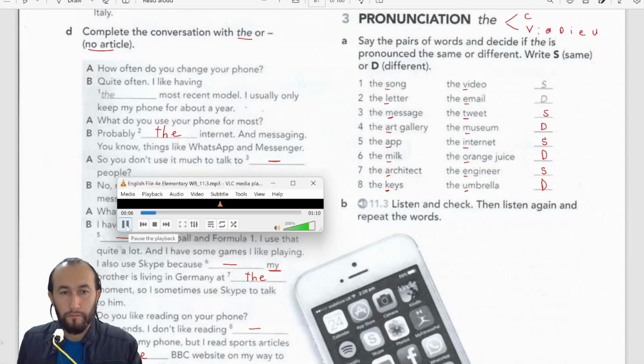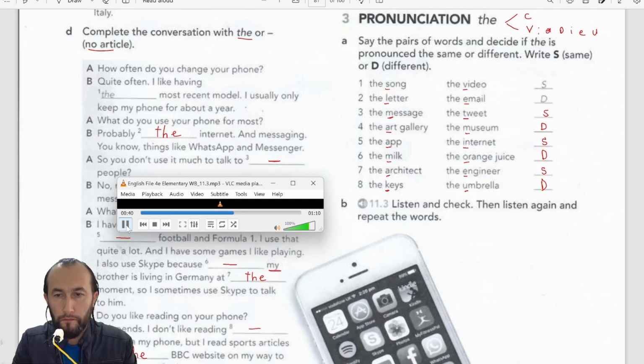11.3. 1. The song. The video. 2. The letter. The email. 3. The message. The tweet. 4. The art gallery. The museum. 5.